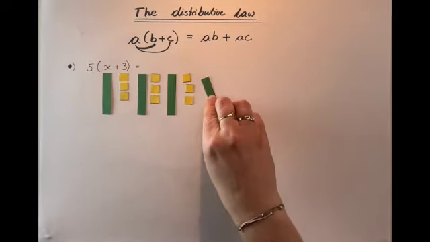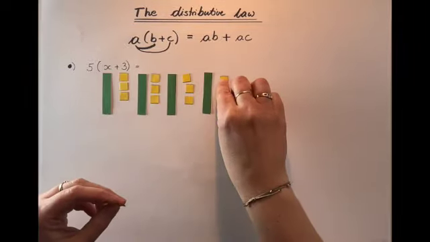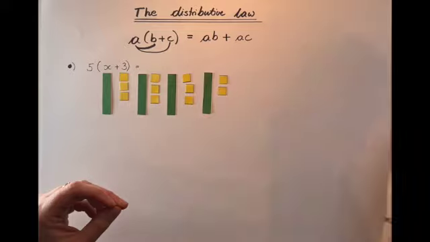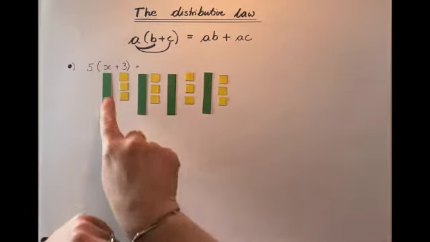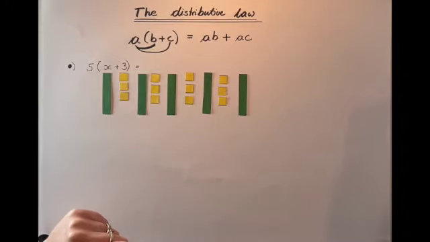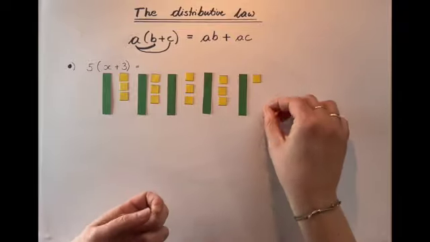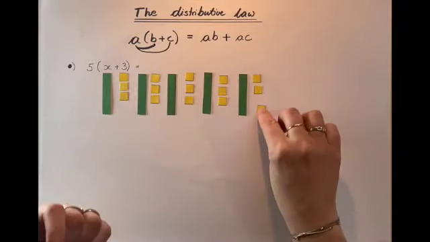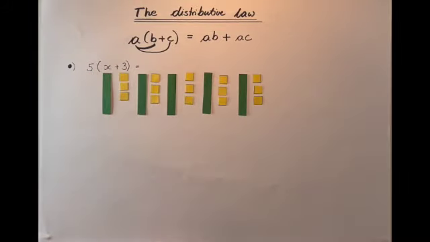Then I've got another x here and another 1, 2, 3 units. And to get 5 packs, I need 1 more. So another x and another 1, 2, 3 units. Now I have got 5 lots of this bracket here.